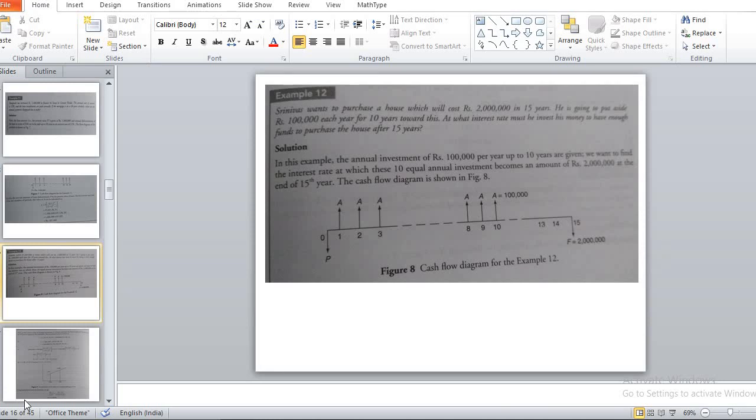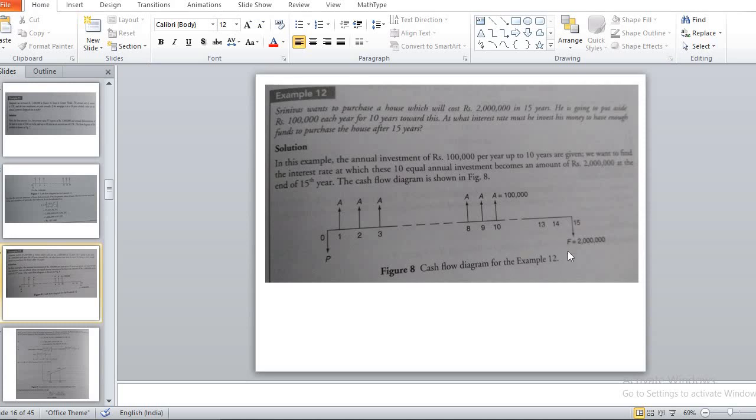This is the cash flow diagram shown here. For 10 years he puts an amount of 1 lakh, so an annuity value of 1 lakh rupees for 10 years. We have to find the interest rate at which these 10 equal annual investments become that particular amount, 20 lakh, at the end of the 15th year.